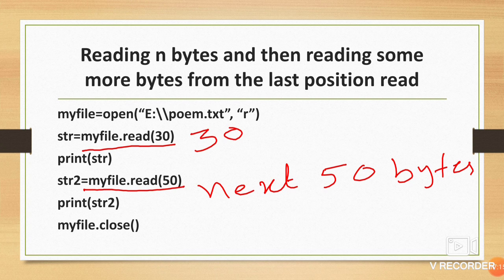Both strings have different data, because str has data from the starting byte to the 30th byte, and str2 has bytes from the 31st byte to the next 50 bytes.